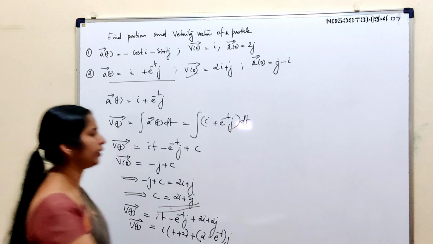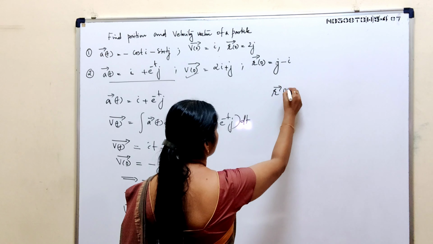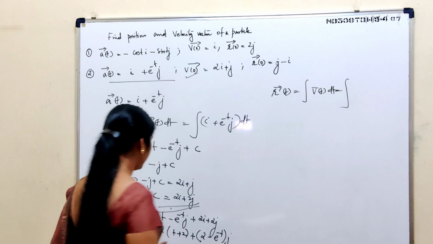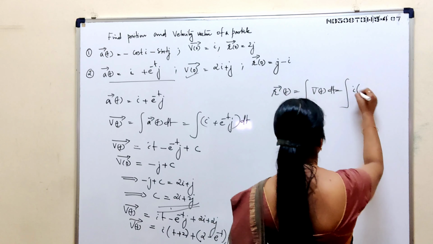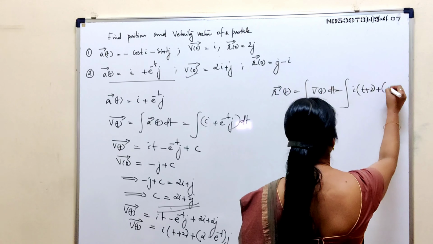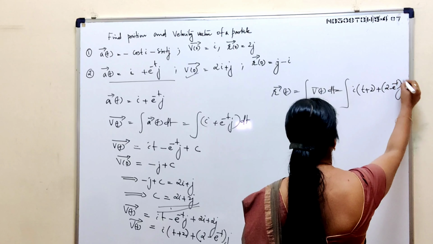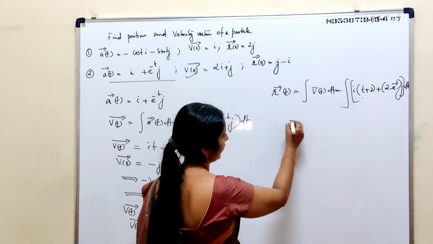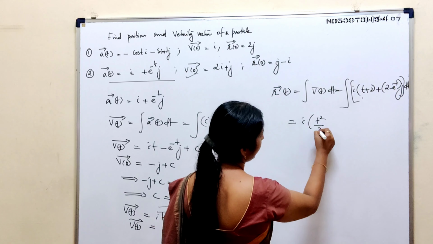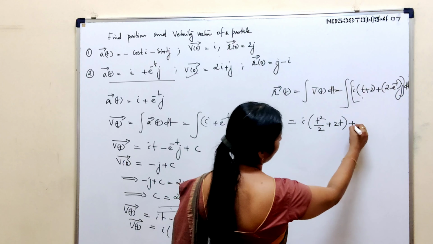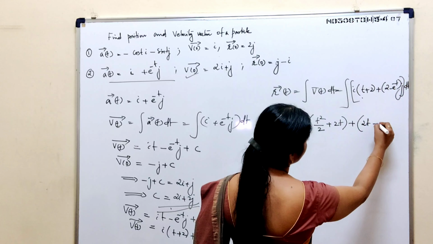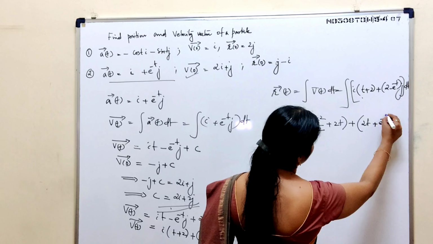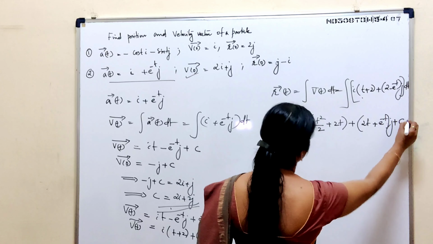Next, how can we find the position vector r(t)? Position vector r(t) is given by the integral of v(t) dt. What is v(t)? v(t) is i into t plus 2, plus 2 minus e raised to minus t j, dt. So, its integral is i into t square by 2 plus 2t, plus 2t plus e raised to minus t j, plus a constant.